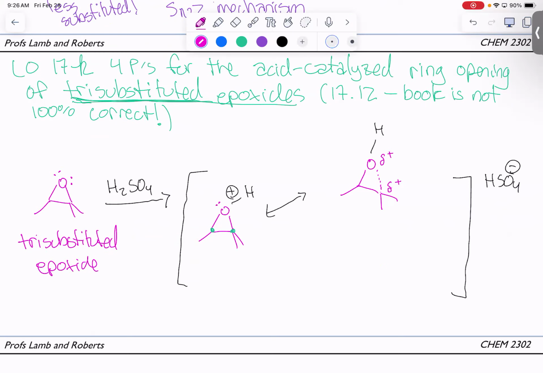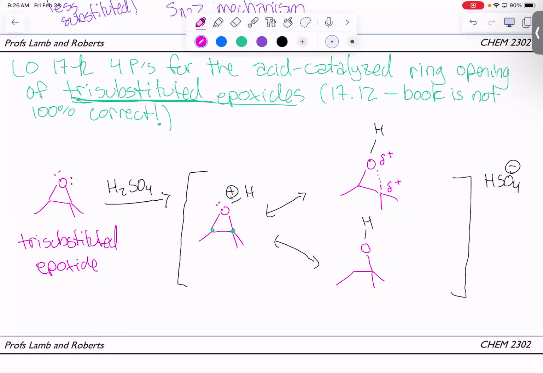All right, delta plus at both positions. Right, it's almost like taking that positive charge we had on oxygen, dividing it by 2, and then assigning that there. Okay, so now let's take a look if we were to start to break the bond on the other side. So that means we keep our bond on the more substituted side to oxygen intact.